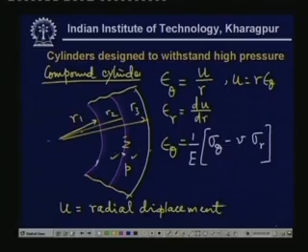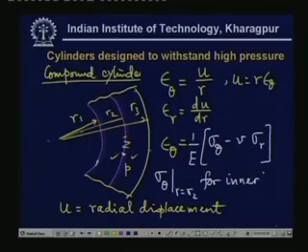Now, if we calculate sigma r and sigma theta, these expressions are known. So, we know sigma theta at r equal to r2 for the inner cylinder, and sigma r at r equal to r2 for the inner cylinder again, and we can calculate sigma theta and sigma r again at r equal to r2 for the outer cylinder.